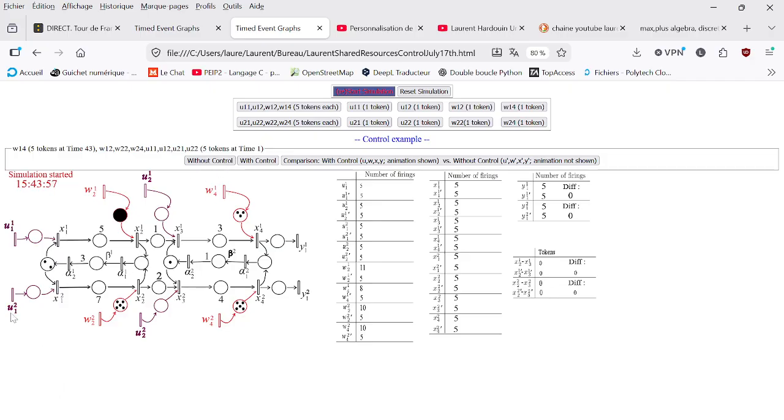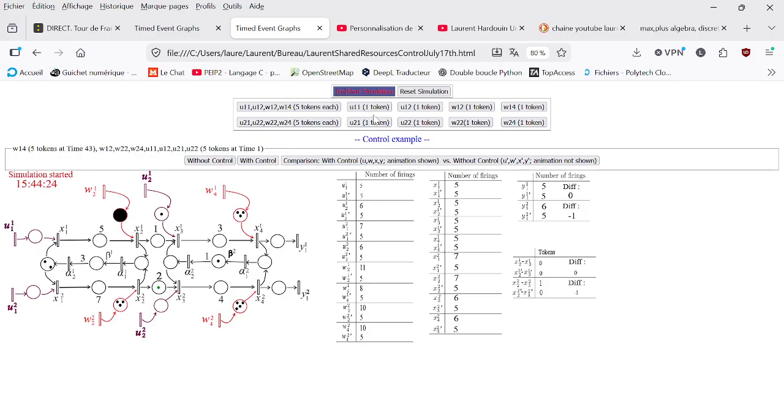For example, if I fire this input here, I will take the resource because there's no competition, okay? And then I can deal with the availability of this resource.